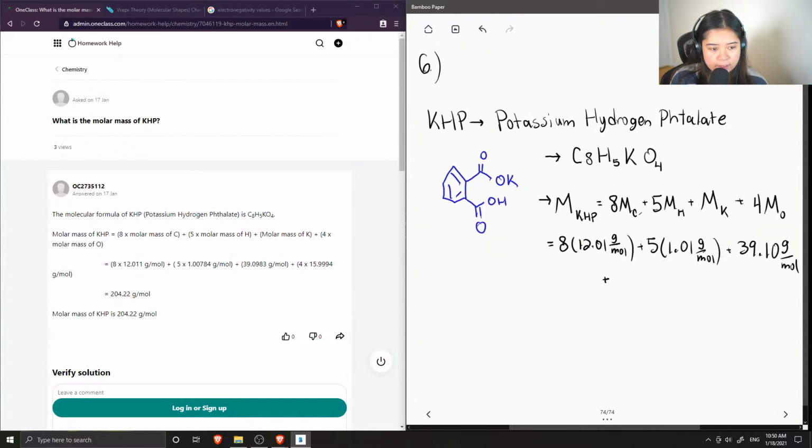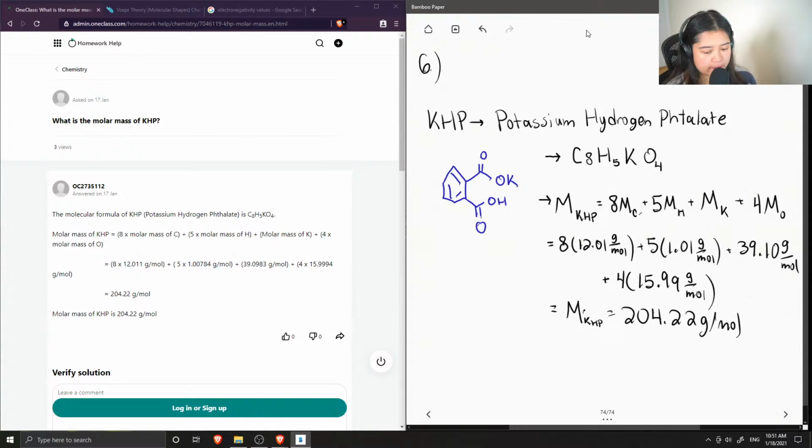And lastly, oxygen has a molar mass of around 15.99. Okay, so adding all of these values up, we get a final molar mass of KHP to be equal to 204.22 grams per mole.